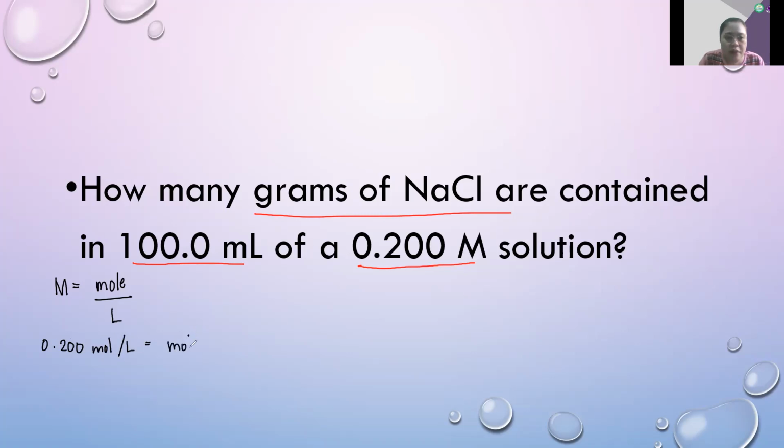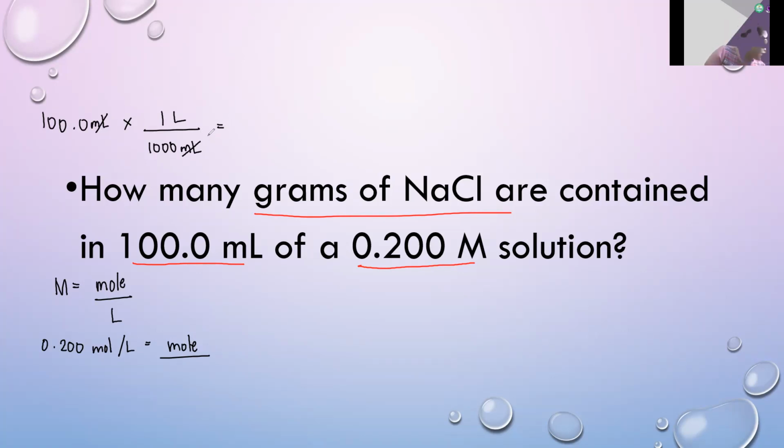Then the 100.0 ml, we'll convert this into liters using the conversion factor. In 1 liter, we have 1,000 ml. Make sure that one is on top and the other is below so that we can cancel.